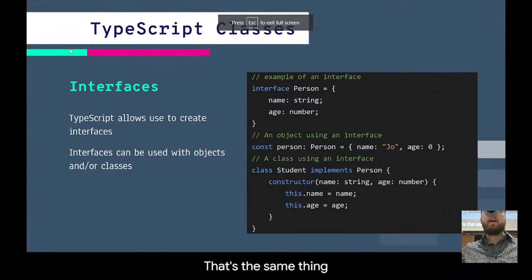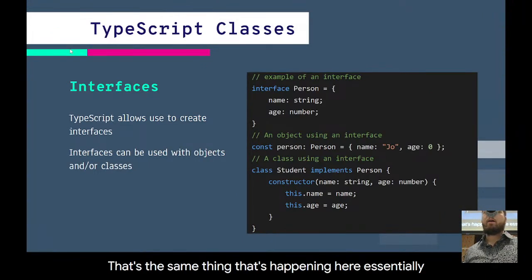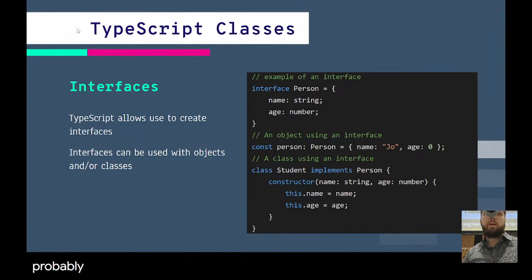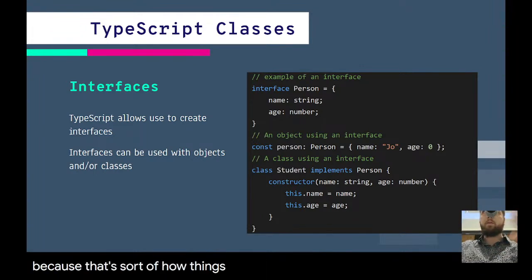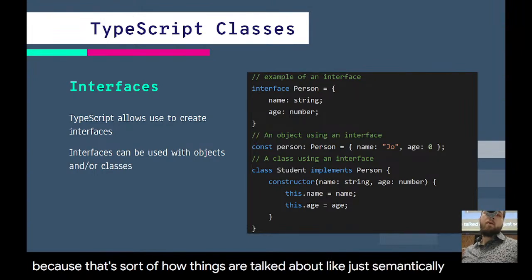That's the same thing that's happening here, essentially. Technically, you could probably get away with calling this a type, but generally speaking, the recommendation is to use it this way, especially when working in classes, because that's sort of how things are talked about, like just semantically.